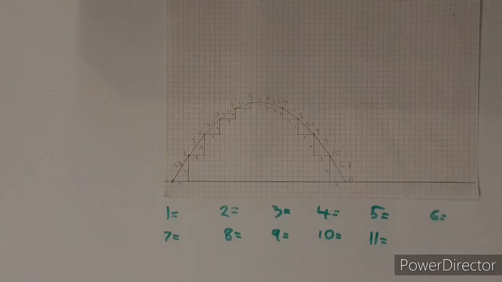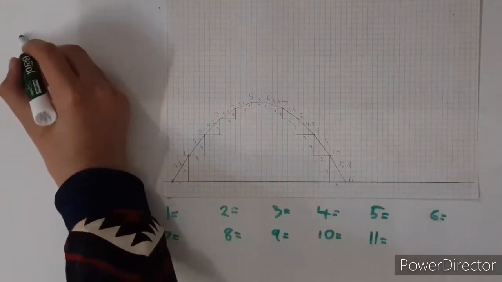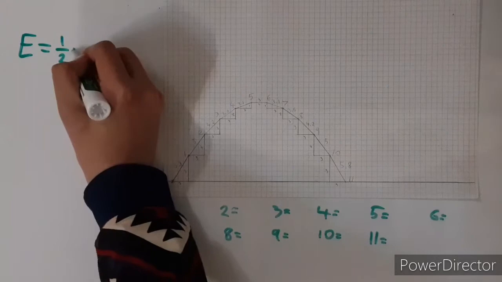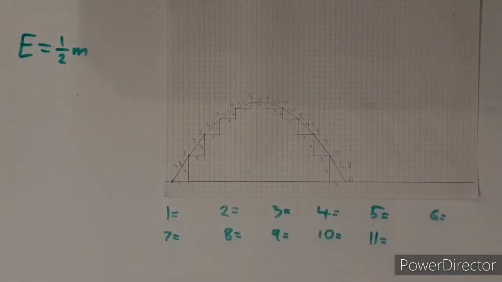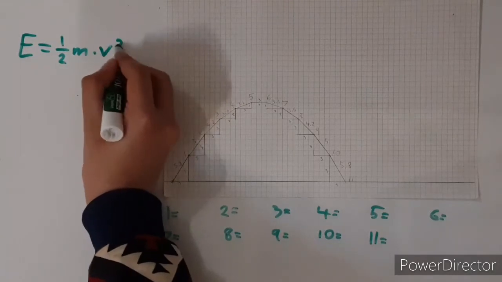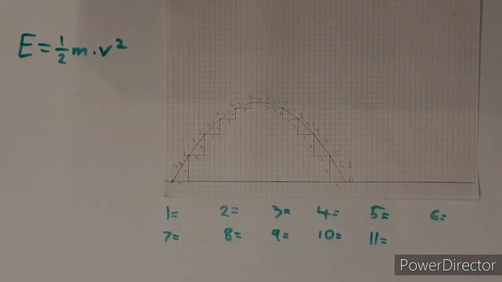We can calculate the kinetic energy of the object at any given point in the flight by using the equation E equals half of m, where m is the mass of the object, times v squared, where v is the true velocity.